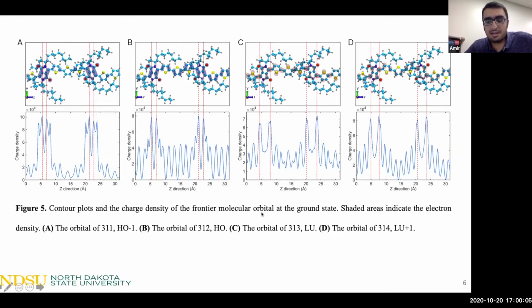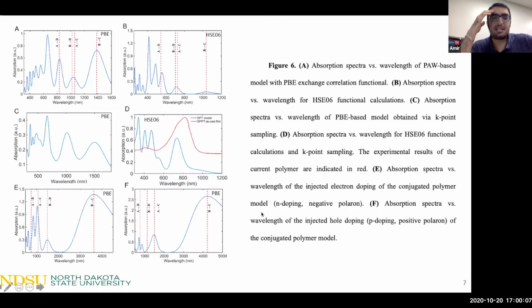Okay, and the last figure is the absorption spectrum. We calculated the absorption spectrum with both the PBE functional and HSE06 for the ground state. Subfigures A and B are the results without sampling.